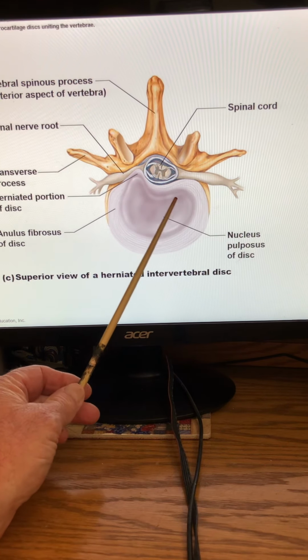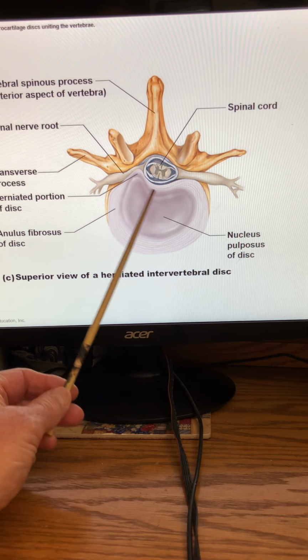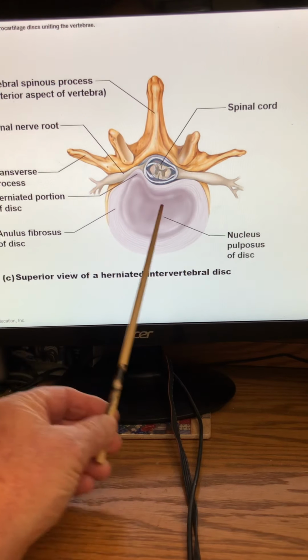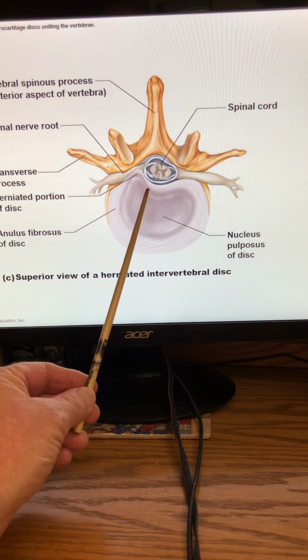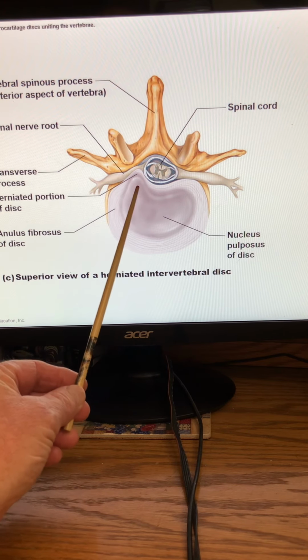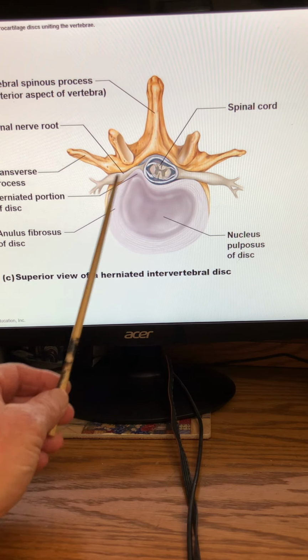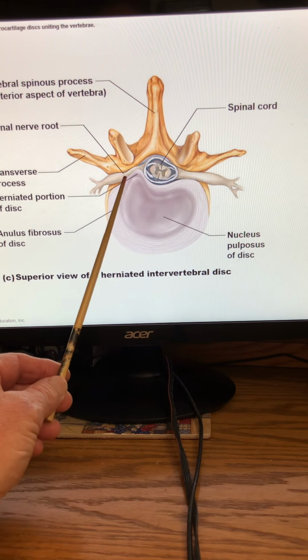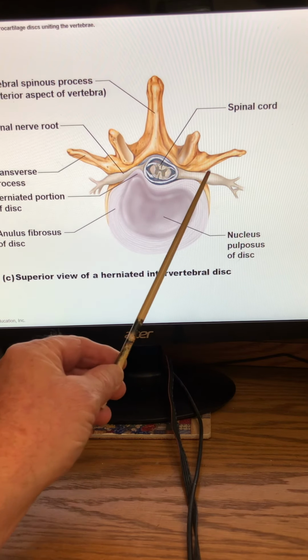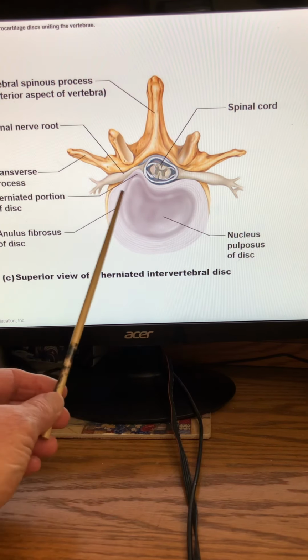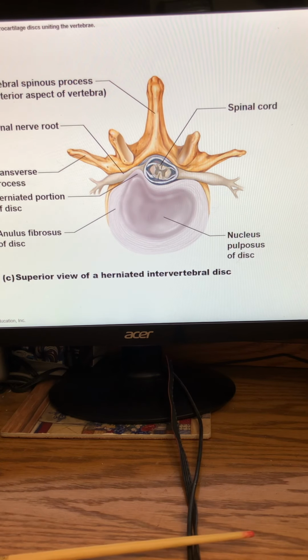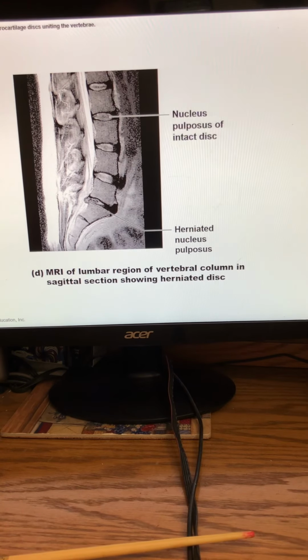So if you have a disc that protruded, so this is going posterior, this jelly donut is having a little break in the donut portion, and you can see the jelly here herniating or protruding and putting pressure on this spinal nerve going off to the side. So in that particular picture there, looking at it from the top down to the bottom, that is called a herniation of the disc or prolapse of the disc. What it would look like on an MRI is this picture here.